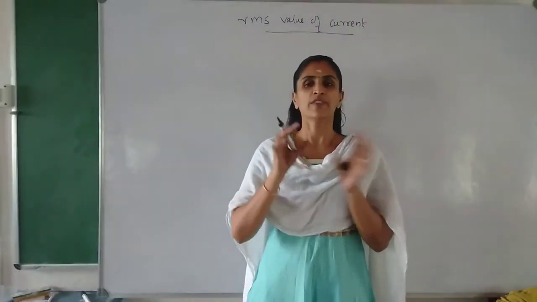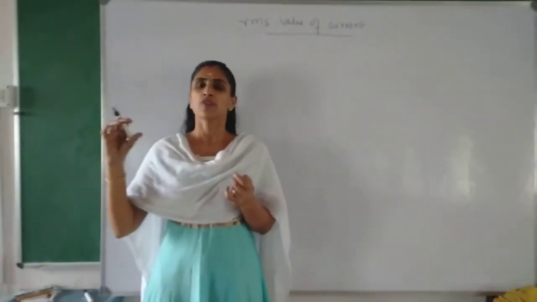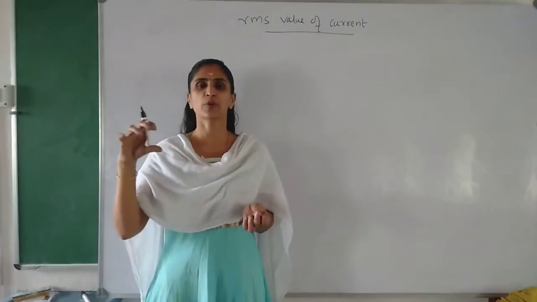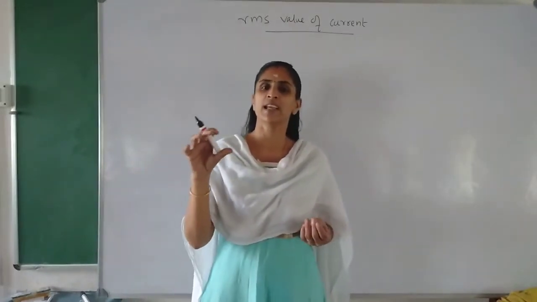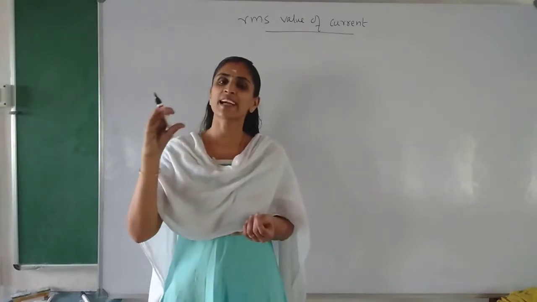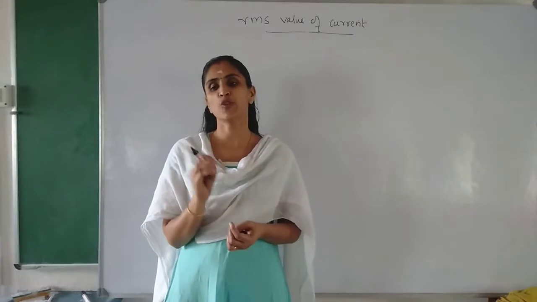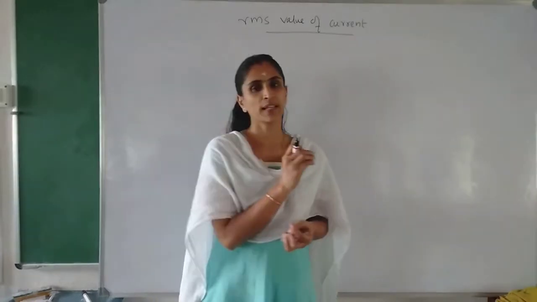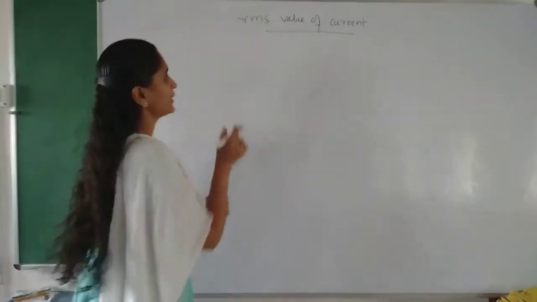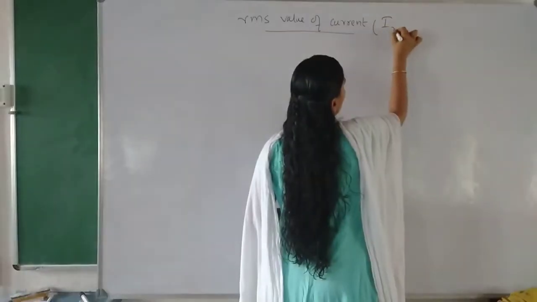If a particular AC voltage passes through a resistor for a particular time duration and produces some heat energy, then whatever DC current must flow to produce the same heat energy, we call it the RMS value or effective value of AC. Is it clear? Understood? This RMS value of current is represented as I RMS.